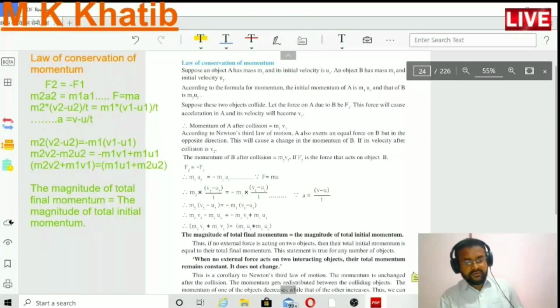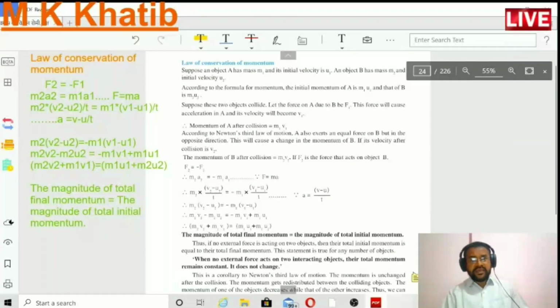This is the final expression for the law of conservation of momentum. It means that the magnitude of total final momentum is equal to the magnitude of total initial momentum.